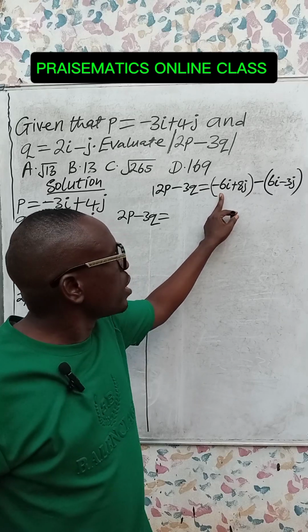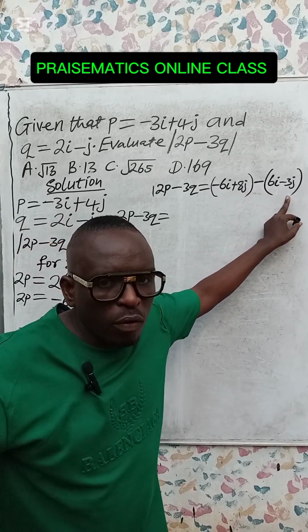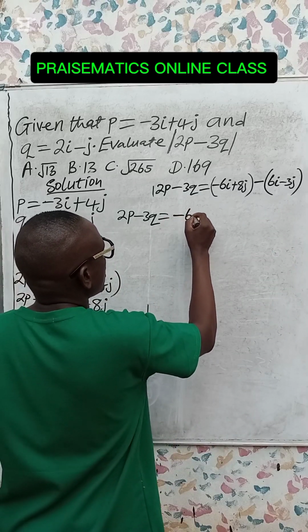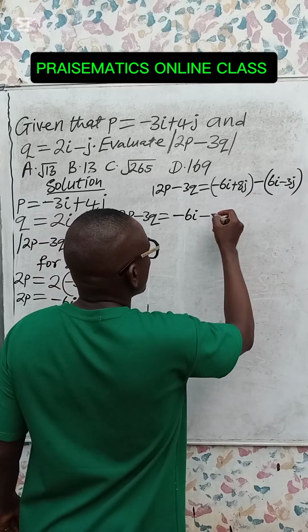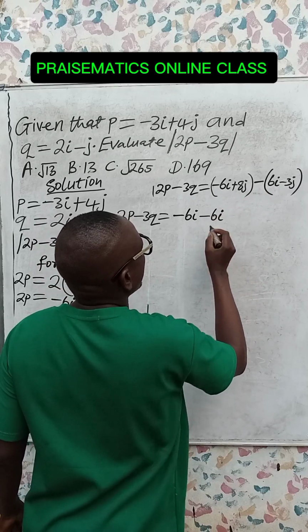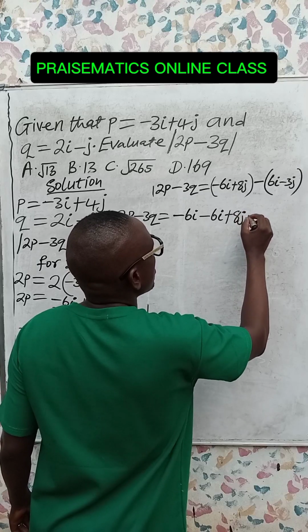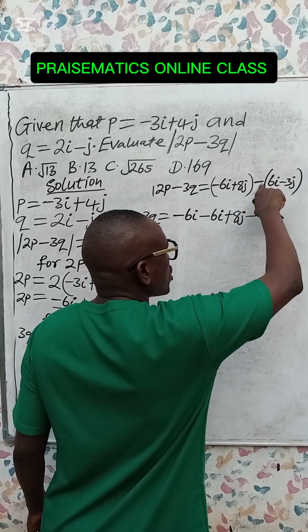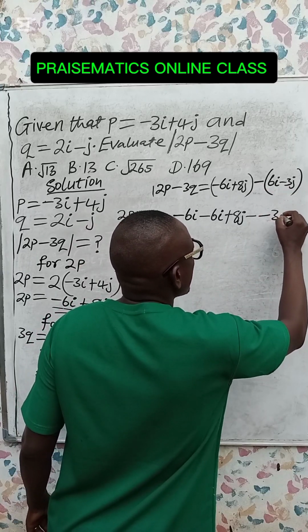Direction of i to direction of i here, direction of j to direction of j here. So we have minus 6i minus 6i plus 8j minus, remember there is a minus, minus minus 3j.